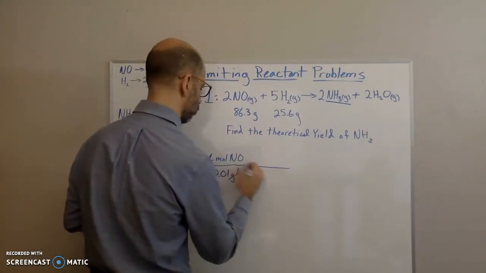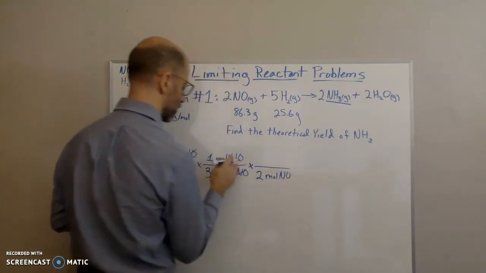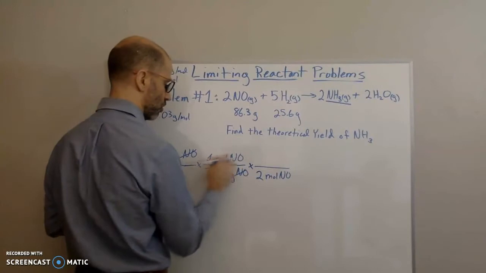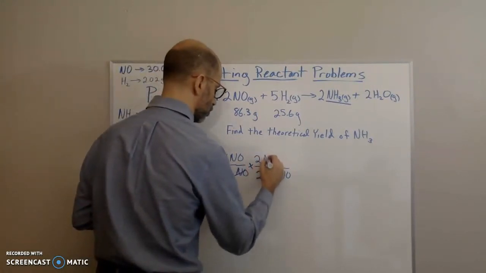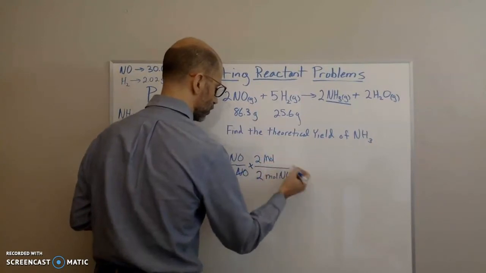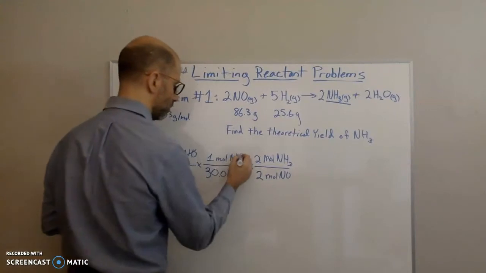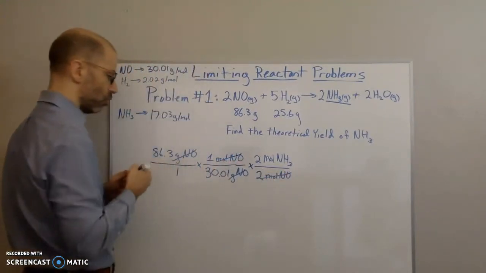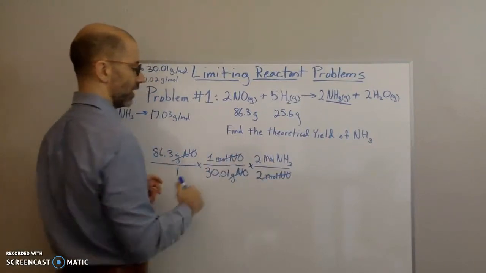So I have 2 moles of NO on the bottom because I want it to cancel out with the moles of NO on the top, and I have 2 moles of NH3 on the top. So moles of NO cancel out, and now I have moles of NH3 here.